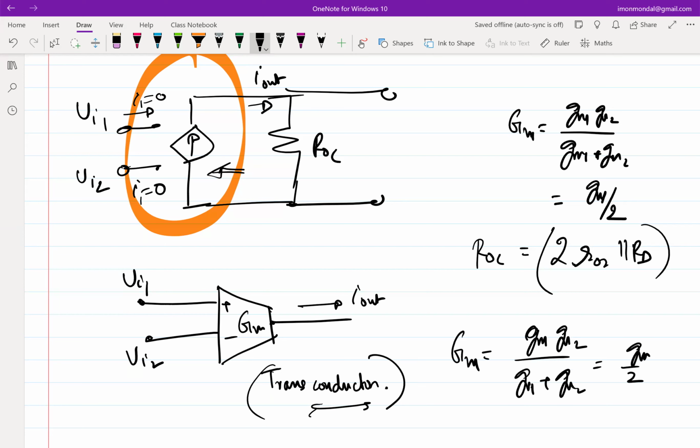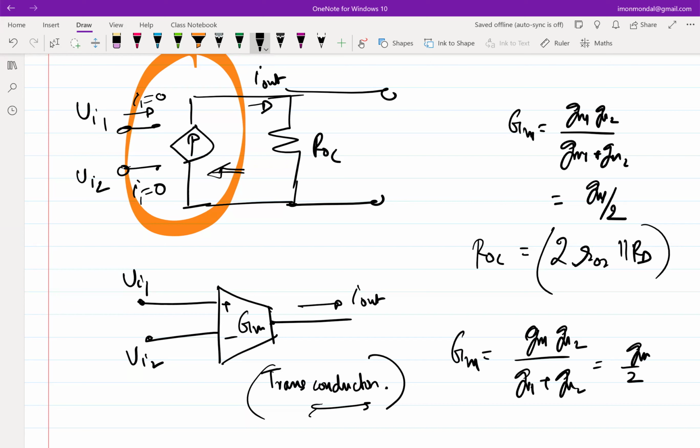Okay. So again, you will see that it is easier to deal with things if we can abstract them into small boxes, right? So we are trying to box out that DFAM. We don't want to deal with 2 transistors, 2 resistors. I want to box the DFAM out into a manageable format.